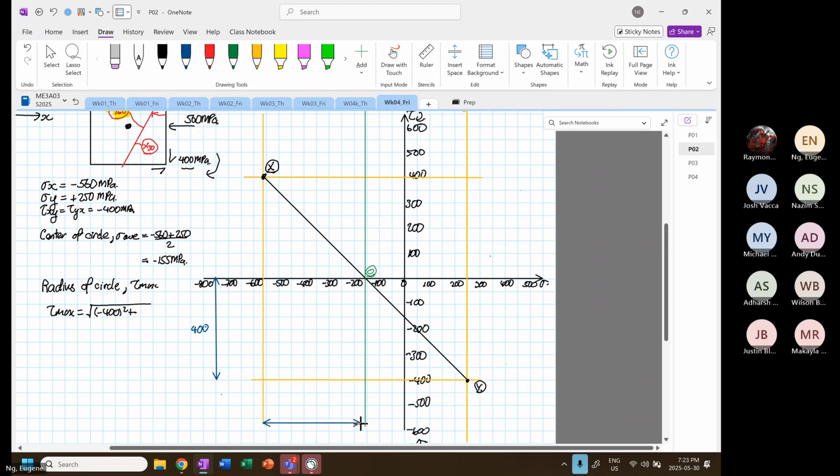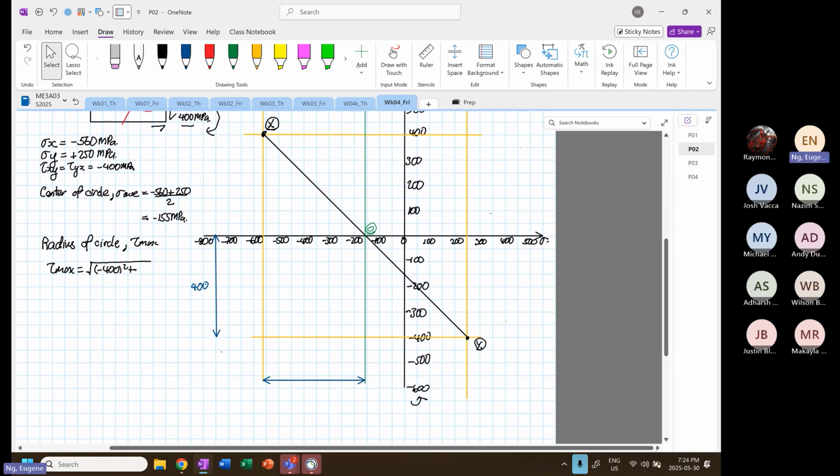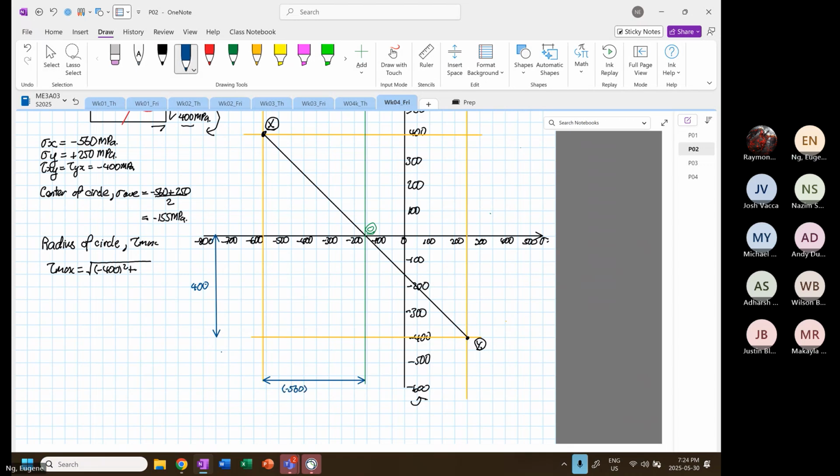And then the next one we have to find is this distance over here, right? So the distance over there is going to be minus 560 minus minus 155, right? So this will be equal to minus 560 plus 155.